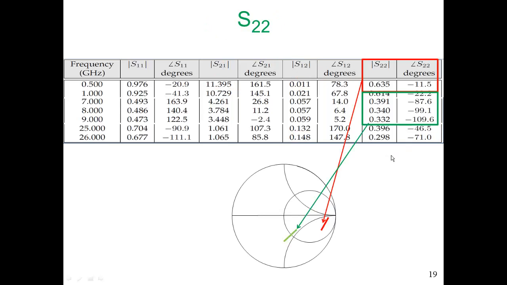Finally, let's look at S22. At 0.5 gigahertz, S22 is 0.635. The angle is minus 11 degrees, so it's very close to being an open circuit. So we're looking into the output of our transistor. It's looking close to being an open circuit at low frequencies, which is not very surprising. It's largely a capacitive output. And as we go up in frequency, we see that S22 becomes lower.